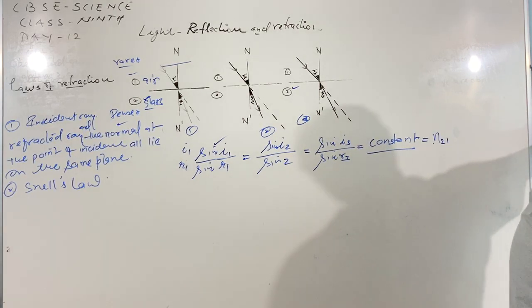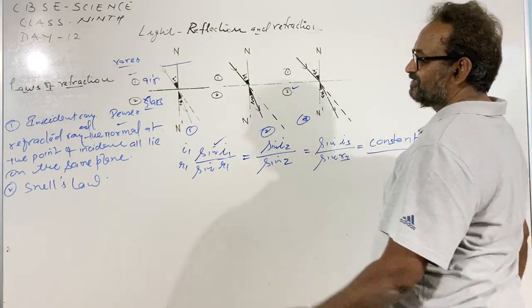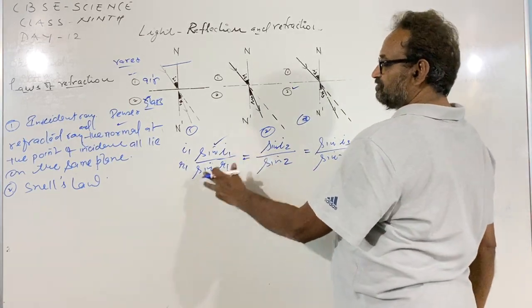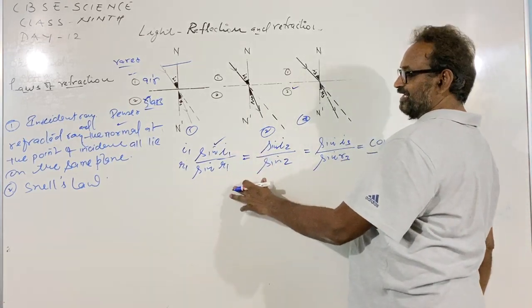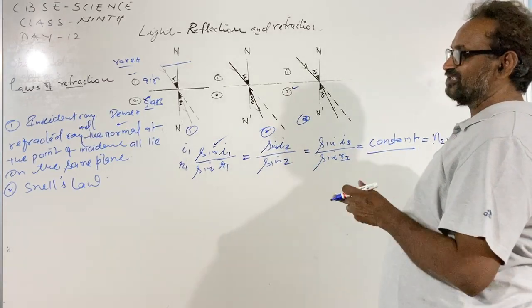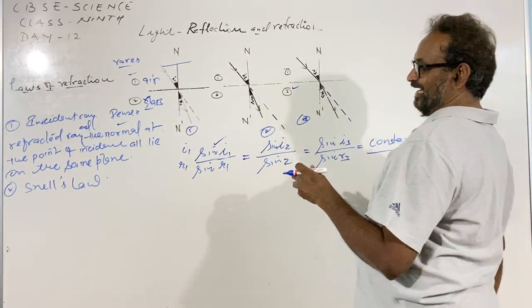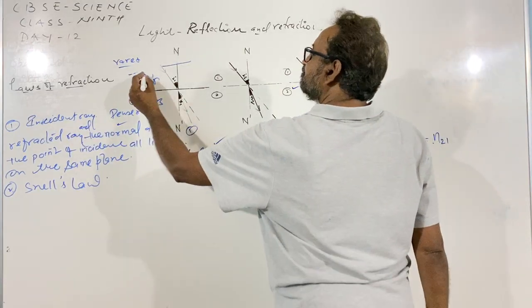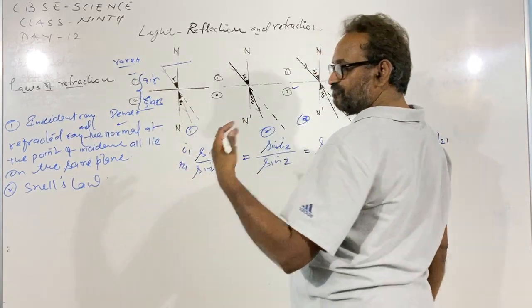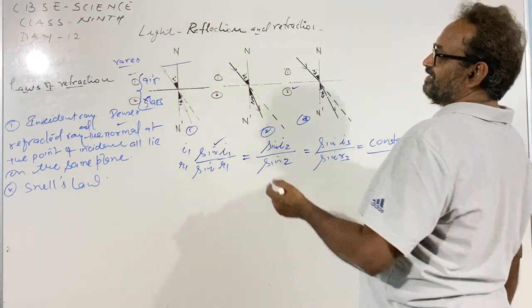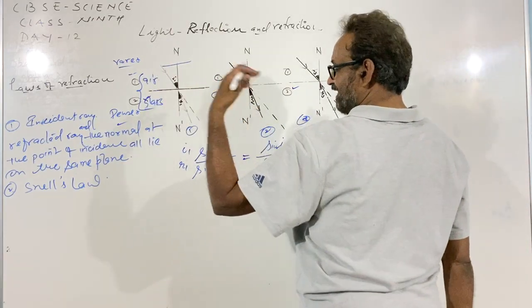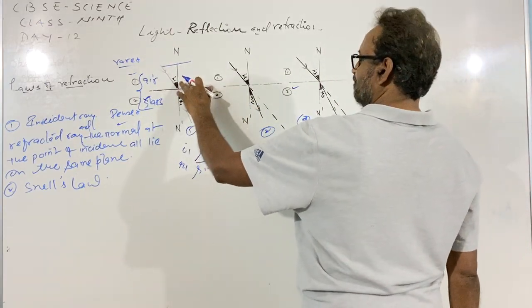Once again, let's see the ratio of sine of angle of incidence to the sine of angle of refraction is always constant, provided that the pair of media does not change and the color of incident light is the same.